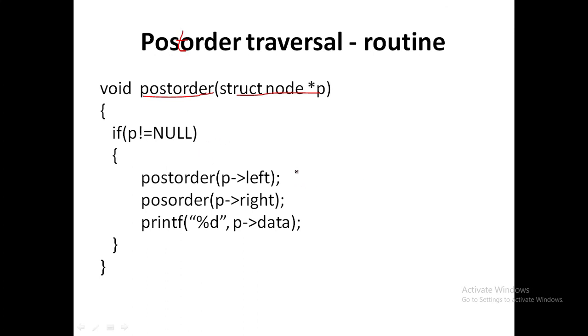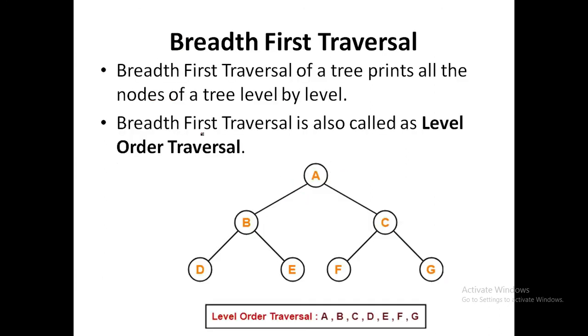First visit the left subtree of the tree. After that, visit the right subtree of the tree. After that, visit the root of the tree. So that's all about depth first traversal: in-order, pre-order and post-order traversals.